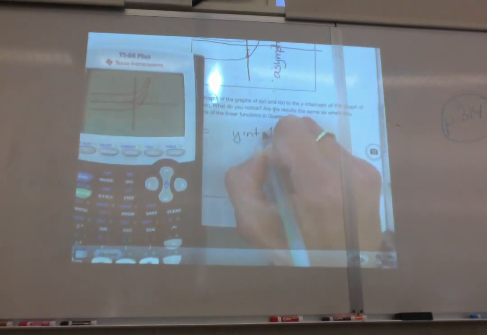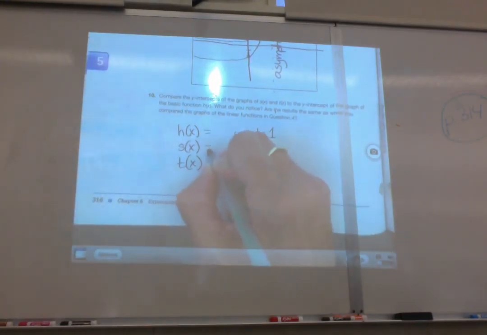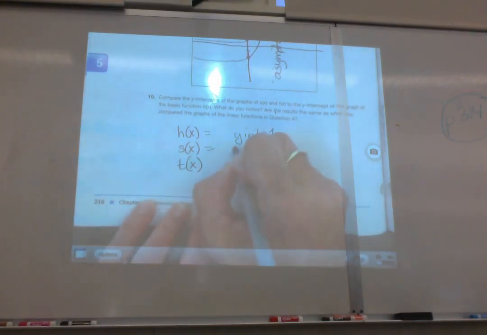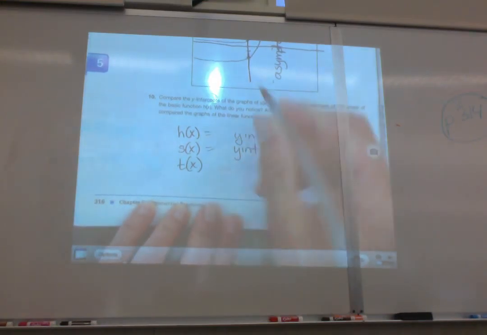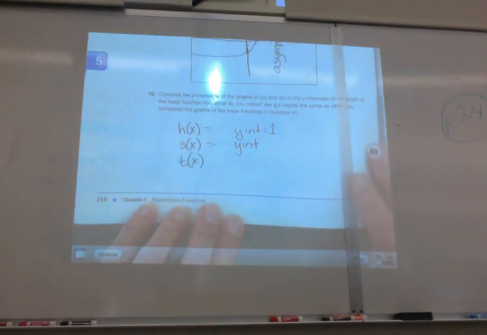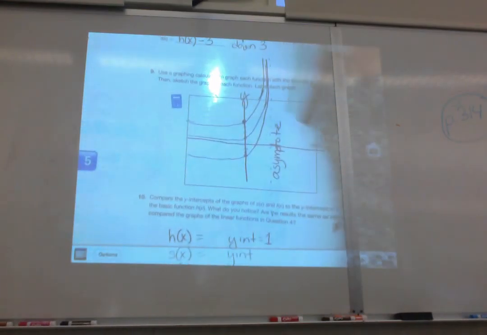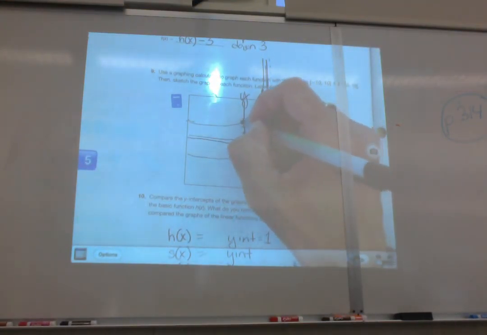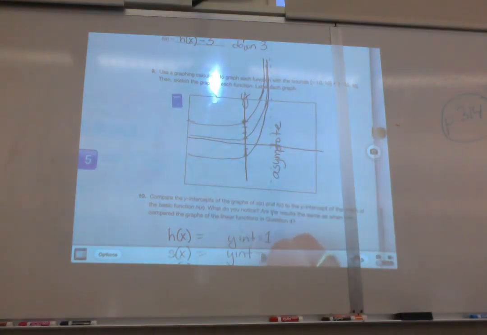Y-intercept 1. S of x, it's the top graph. Where is the y-intercept? Where does this graph cross the y-axis? Okay, so the top graph looks like it's crossing at what? Y equals 4.